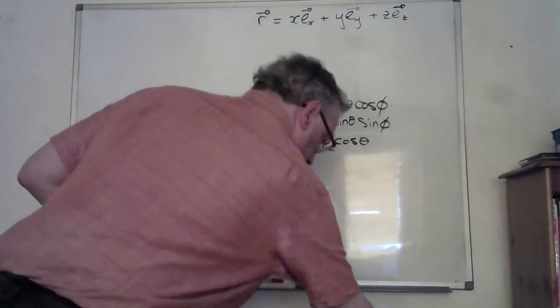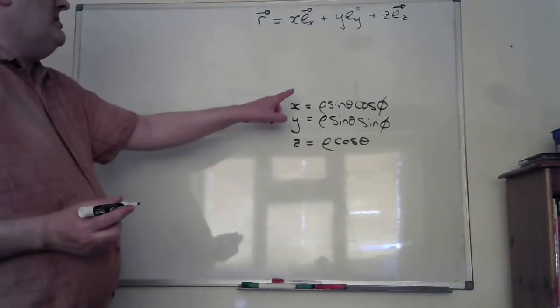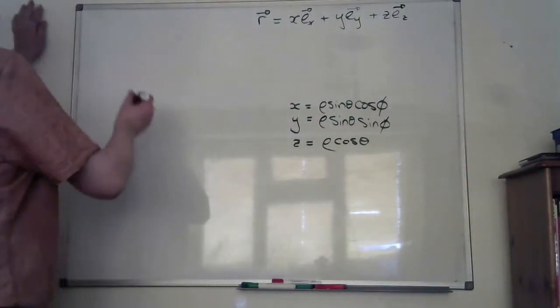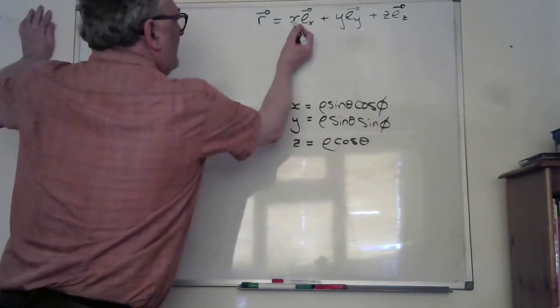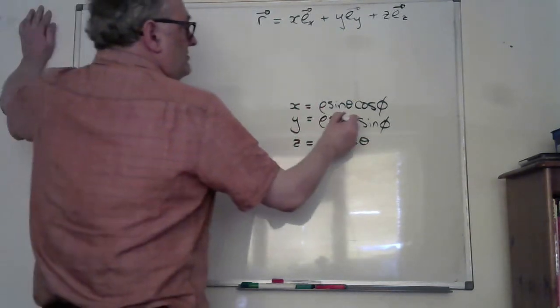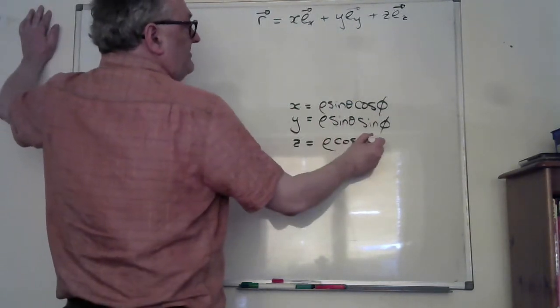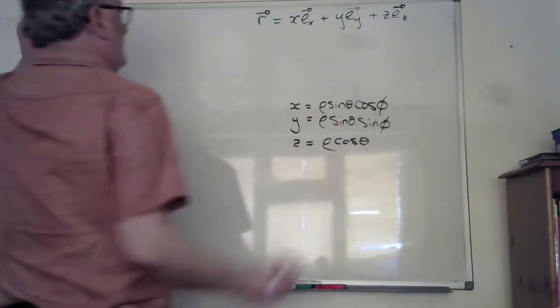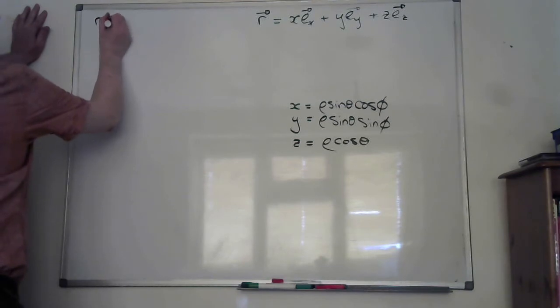Now, to convert that position vector into the polar coordinates, all we have to do is substitute rho sine theta cos phi in for x, rho sine theta sine phi in for y, and rho cos theta in for z. And so what we get is, I'm going to write it up here because I think we'll need it.